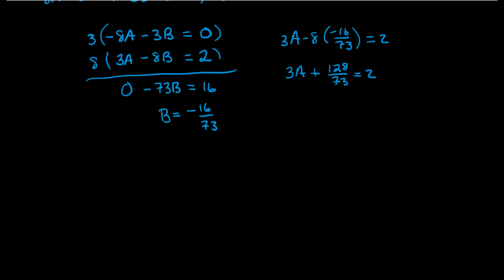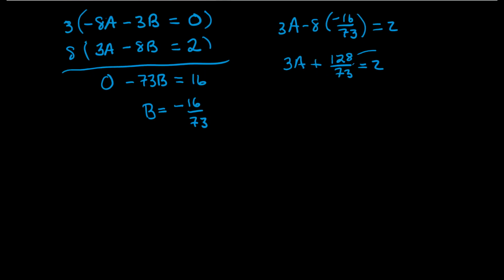Okay, so the 2 times the 73 is going to give us 146. And from that, I'm going to subtract the 128 over 73 because remember, I'm going to be moving this over. And this is going to give me that 3a is equal to 18 over 73. Dividing both sides by 3, I get a is equal to 6 over 73.